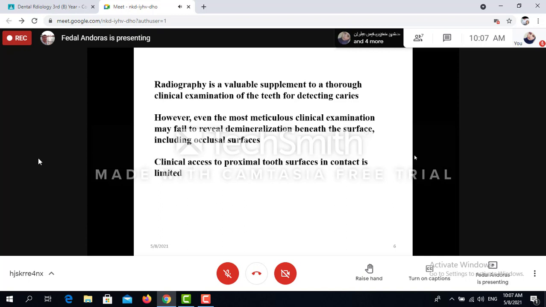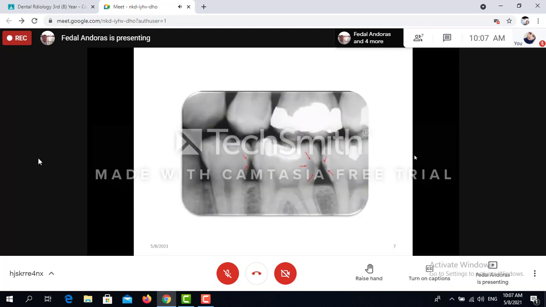When clinical access to the proximal tooth surface in contact is limited, you cannot see the beginning of the caries in the interproximal surfaces. So at that time, you might ask for an X-ray, so you may detect caries using an X-ray. As I said, a good clinical examination may expose a caries, so you don't need to expose the patient to extra radiation.